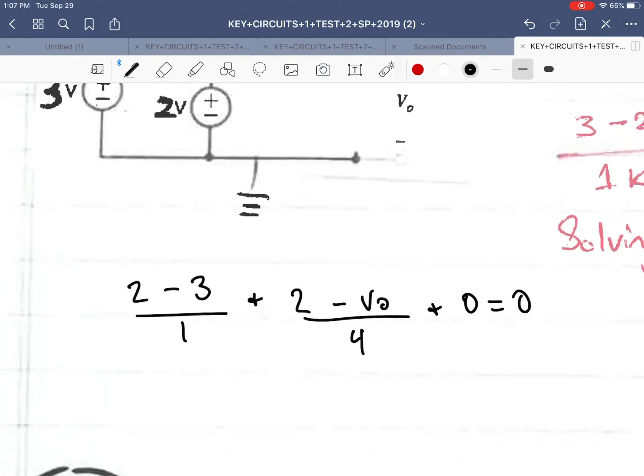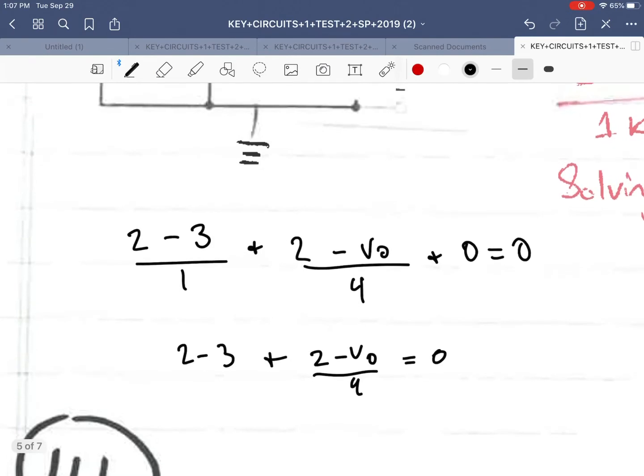And then if we solve for this, 2 minus 3 plus 2 minus VO over 4 equal to 0. And this should give us VO equals negative 2 volts.